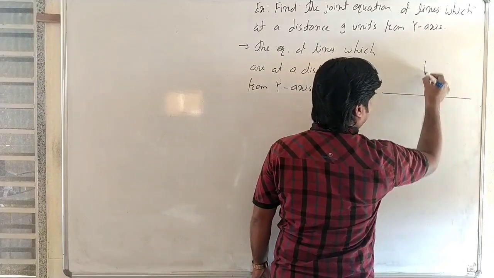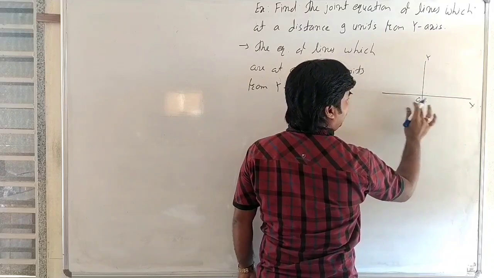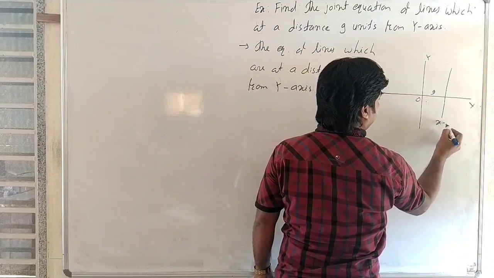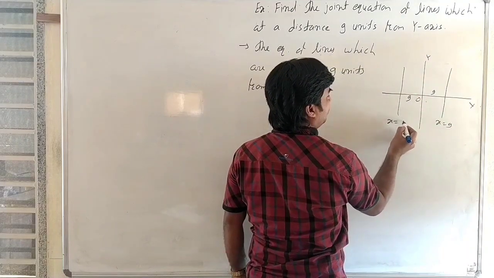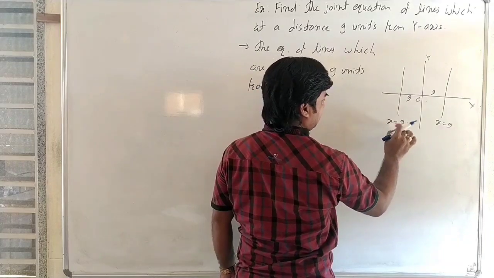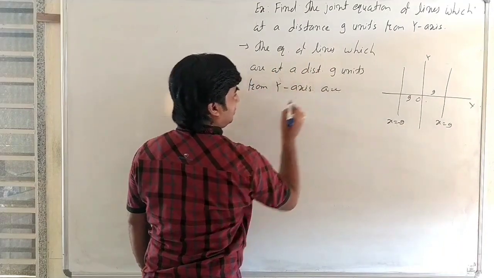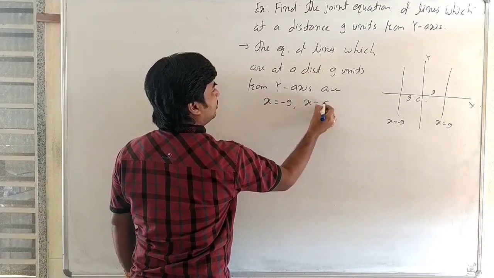The distance of the line from the y-axis is 9, therefore it is x is equal to 9, and on the other side it is also 9, but it is x is equal to minus 9. Okay, therefore the equations are x is equal to minus 9 and x is equal to 9.